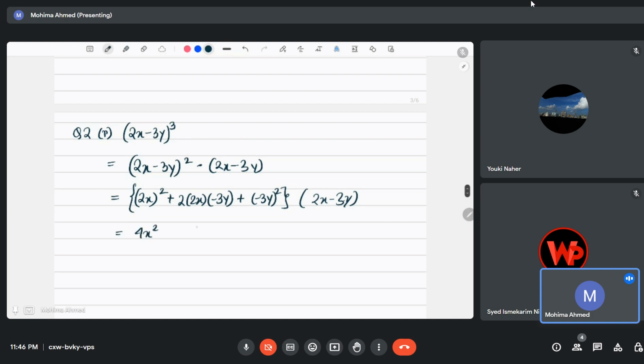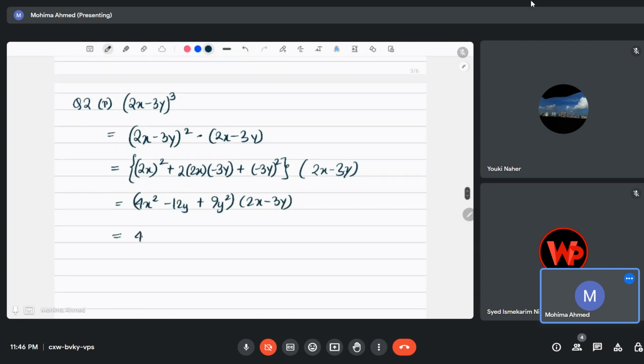So this is 4x square minus 12xy plus 9y square multiplied with 2x minus 3y. I'm obviously making this maths ridiculously big so that every step is in detailed format for you all to understand, but you can obviously skip this line that I'm writing down.